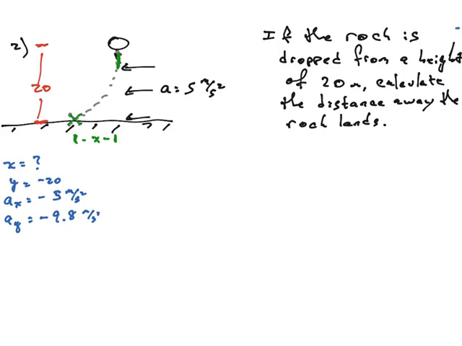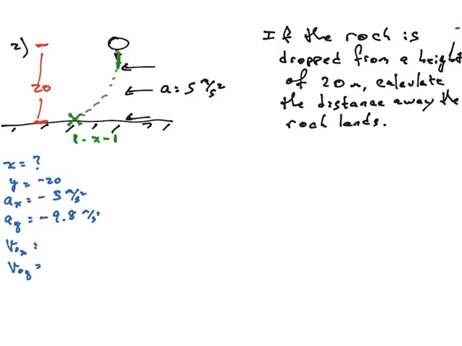All right, what else? Velocities. Let's say initial velocity x and initial velocity y. What's the initial velocity of my rock in the x direction? Well, I'm just dropping the rock, so its initial velocity was 0. It wasn't moving before I dropped it.